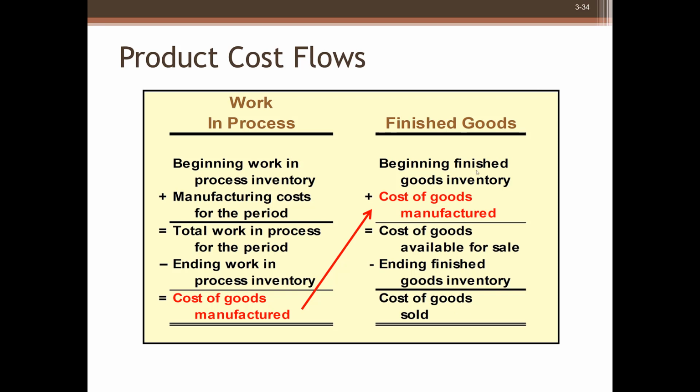This equation is for manufacturing companies. It's quite similar to what we've learned in Intro to Financial Accounting class, the merchandising company's inventory equation. Beginning balance of inventory plus purchases, here I get total cost of goods available for sale, minus ending inventory, here I get cost of goods sold.